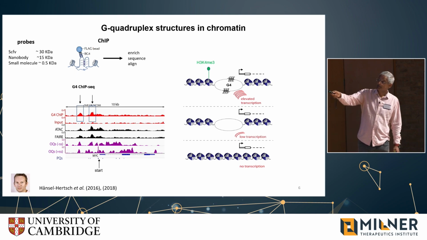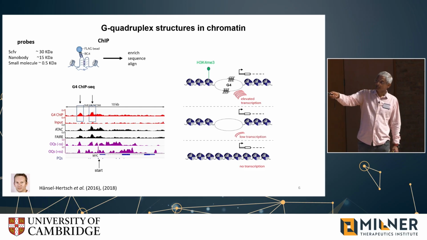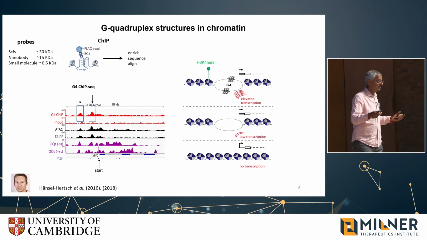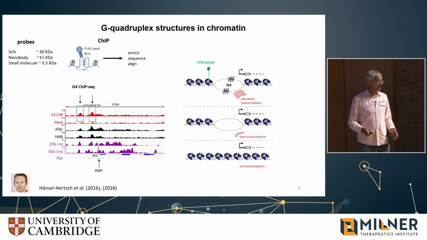And indeed, they form at sites where the other sequencing methodology I described tells us that they form. But interestingly, most of the ones that can form in naked DNA that you've isolated from cells do not form in the cell. Only about 1% actually form.